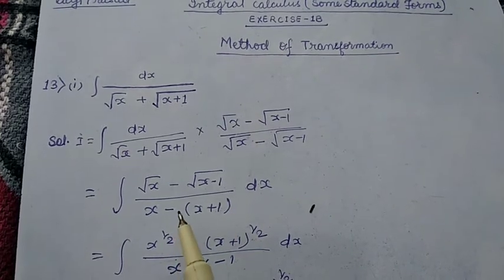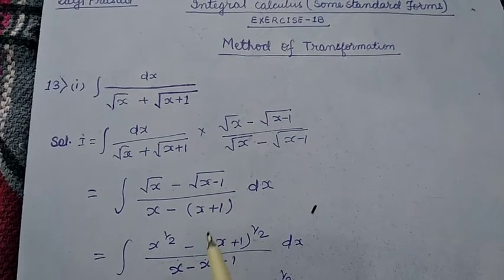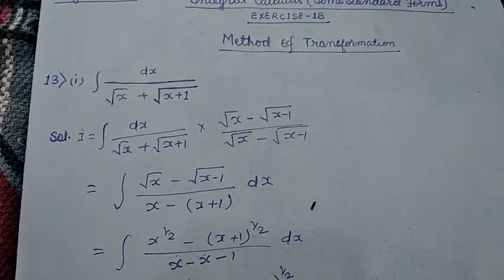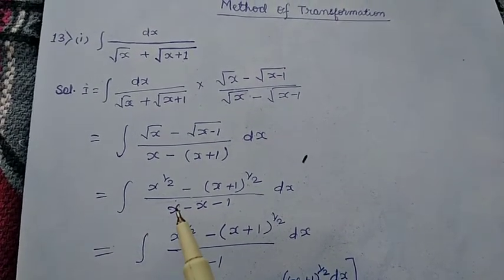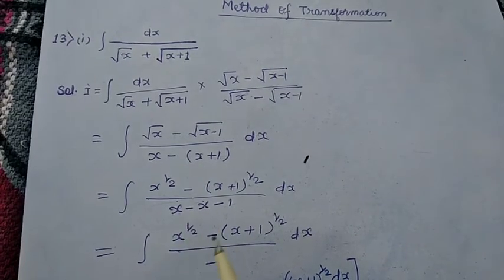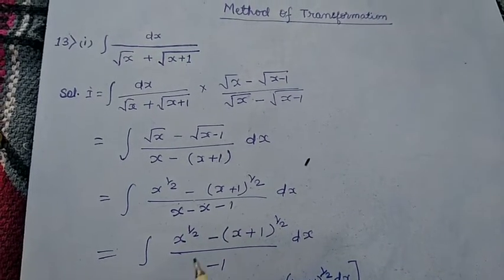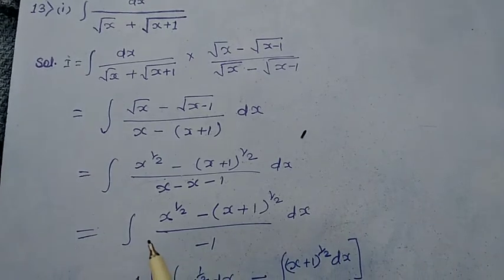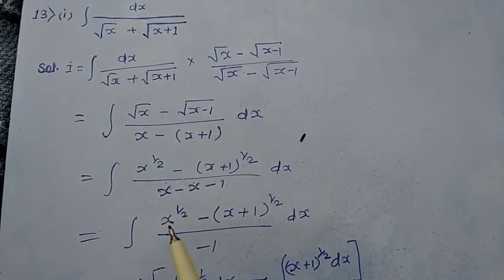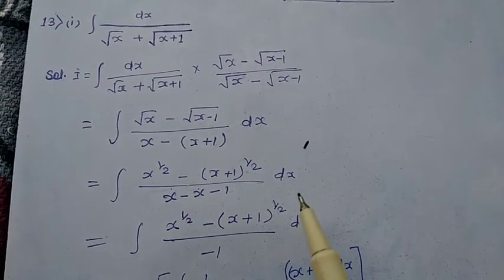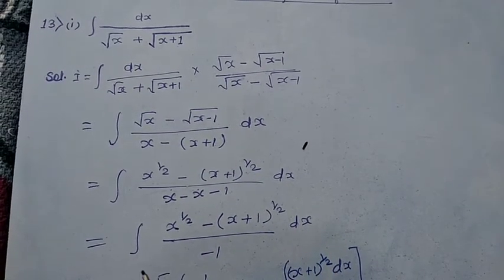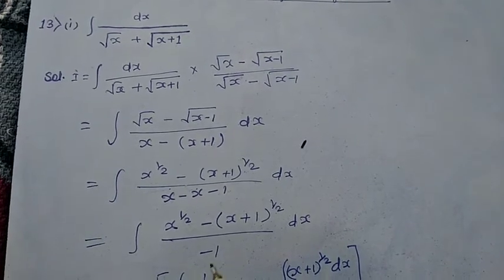This minus will be multiplied with this term, so it will be like this. And in the next step this plus x and minus x will be cancelled out, so it will be minus 1 here. So in the next step we have written integration of x raised to the power half minus x plus 1 raised to the power half into dx upon minus 1.